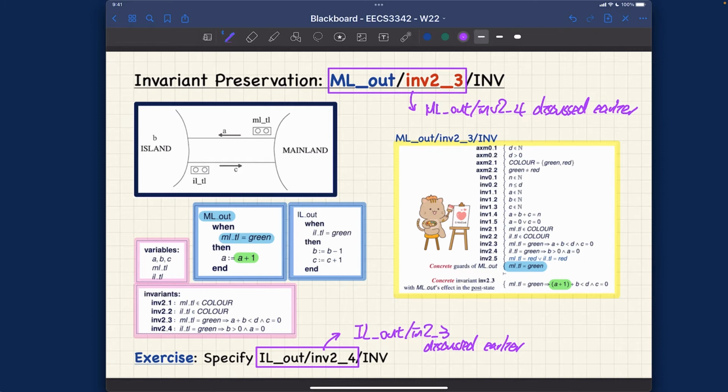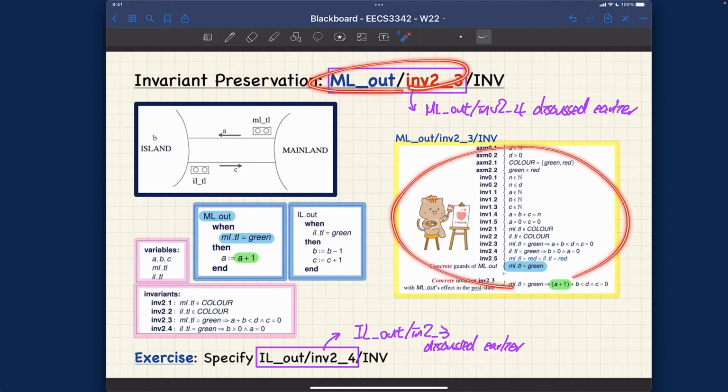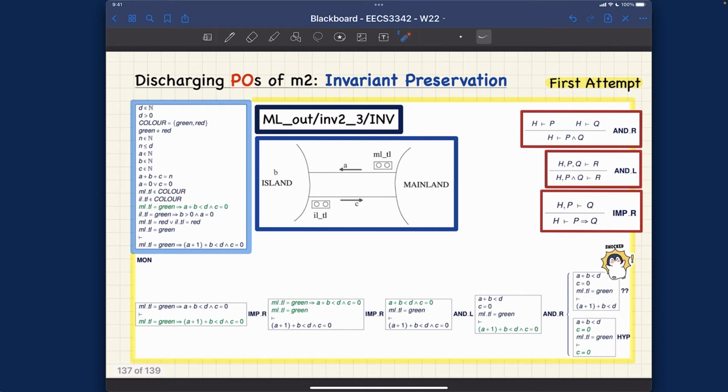Alrighty, let's now consider the proof for this one specifically, this proof sequence over here. It turns out this proof sequence is unprovable. However, to really reach the stage where we know that it's unprovable is also very valuable, and you should really try to do the exercise as well. This is the complete proof all the way until this particular sequence that, shockingly, cannot be discharged.